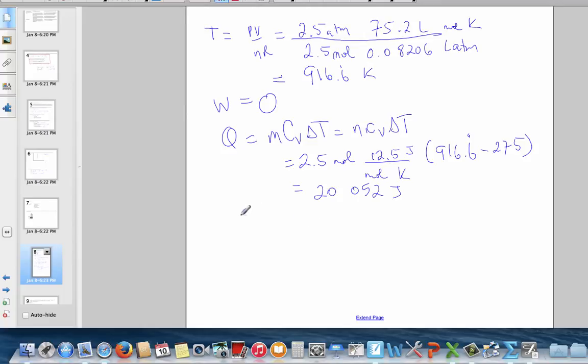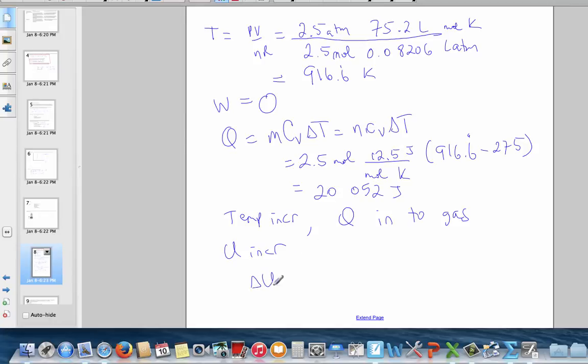Now, clearly, because the temperature is increasing, this heat flow must be into the gas. So there's a hotter object next to this container, and thermal energy is flowing from that hotter object into the gas. Our internal energy must also be going up. By how much?